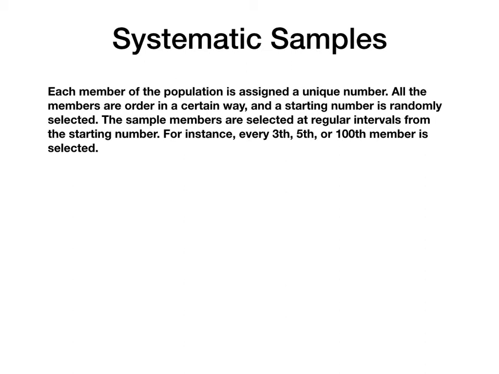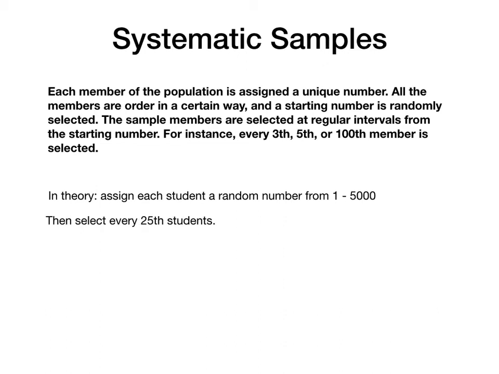For instance, you want to collect every third, every fifth, or every 100th member. In theory, for our example, we can assign each student a number from 1 to 5,000. And then we select the first number as the starting number, and then you select every 25th student. So for example, students whose number is 1, 25, 50, 75, 100, and so on and so forth to get 200 students for your sample.